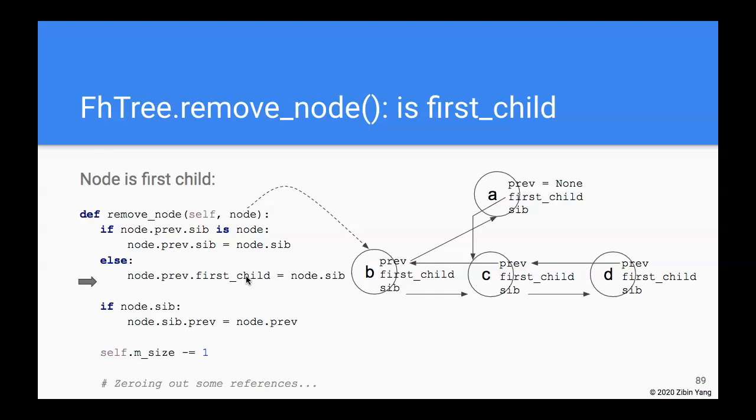And when this is false, we know that the previous node is a parent, and therefore the quote unquote next pointer we're going to have to change in the parent would be the first child, which used to point to node B here.